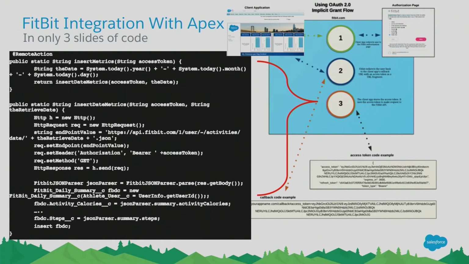So insertMetrics takes in the access code, and then it gets today's date, and then it calls a sub function, which formulates a URL to Fitbit to get the activity summary for the user that made the authentication, and then sends that request, gets the data back as JSON, parses it through, and then starts doing inserts into our Fitbit custom object.